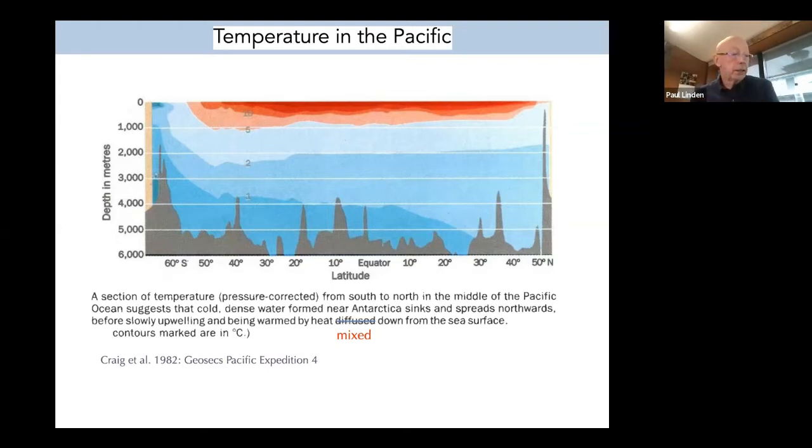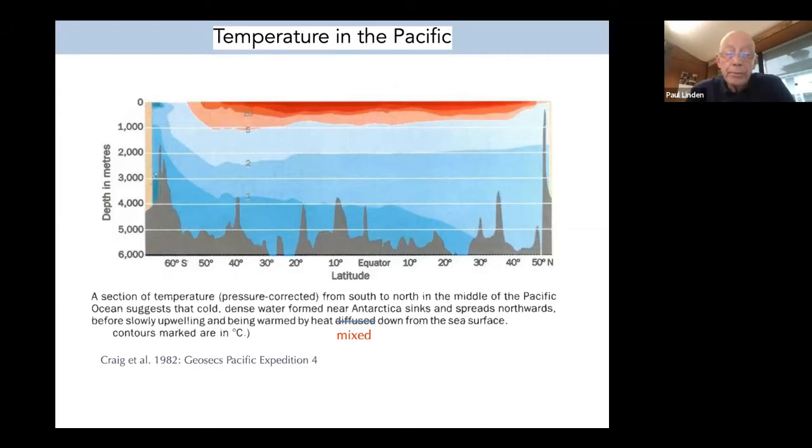And of course, there has to be some interaction between the warm water at the surface and the cold water below. Otherwise, the ocean would eventually fill up with very cold water. And that's not what we observe. We observe this stratification. So some of the heat at the surface gets mixed down.